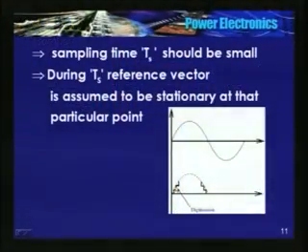And then if I plot it, I get a stepped sine wave, because during the sampling time, we are assuming that the instantaneous value of the sine wave does not change, it remains constant.